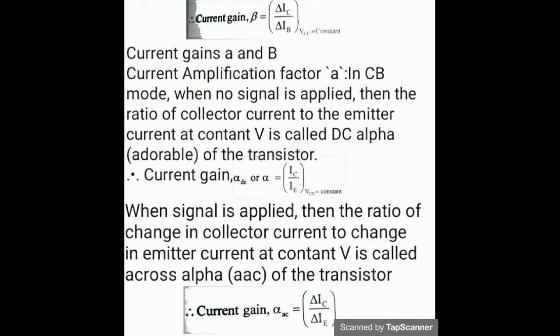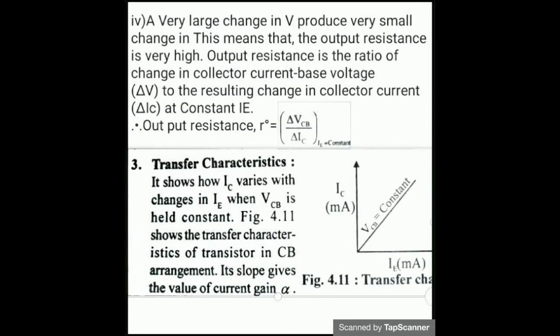Alpha. A very large change in collector voltage produces a very small change in collector current. This means that the output resistance is very high. Output resistance is the ratio of change in collector base voltage to the resulting change in collector current at constant emitter current.